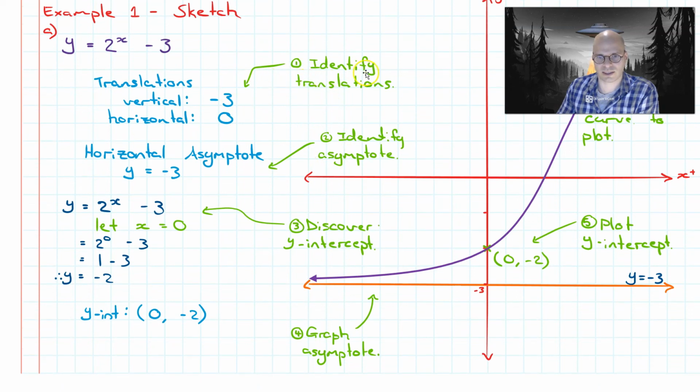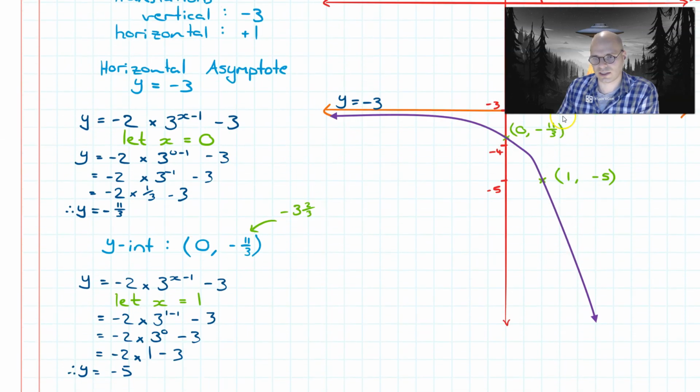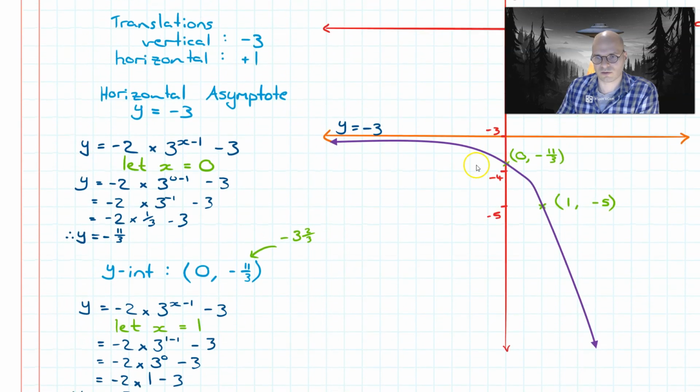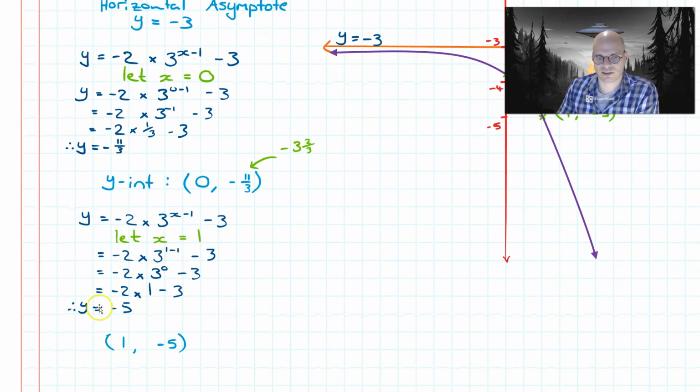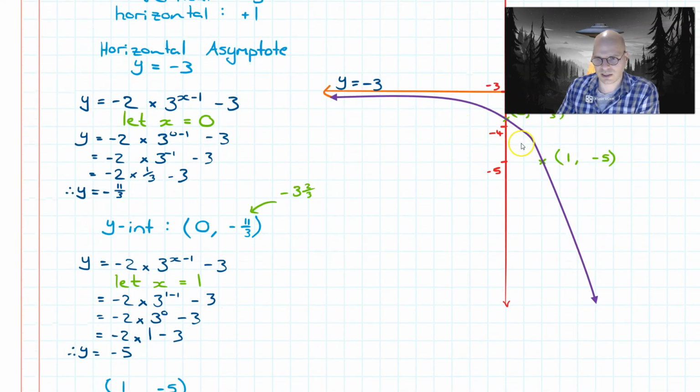First one being identify your translations, identify your asymptote, discover the y-intercept, graph the asymptote, plot the y-intercept, and then fit the curve to what you have. And then finally, in the final example, rather than fitting the curve, we simply get a second point using the translation, and then we simply fit the curve based on the plot we see.